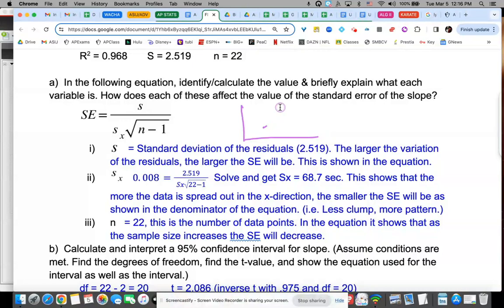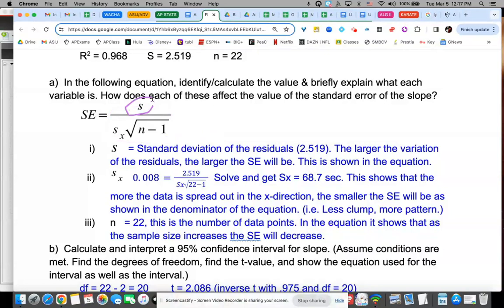If I have like three data points, then I'm like, is this supposed to go like this, or is it supposed to go like this? It's really hard to tell. But the more data points I start throwing in there, then you're like, oh, okay, I see. This is supposed to go like that, right? So it really starts to lock in your slope the more data points you have. So your standard error will go down.